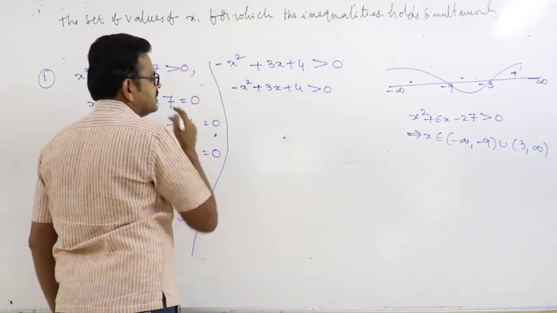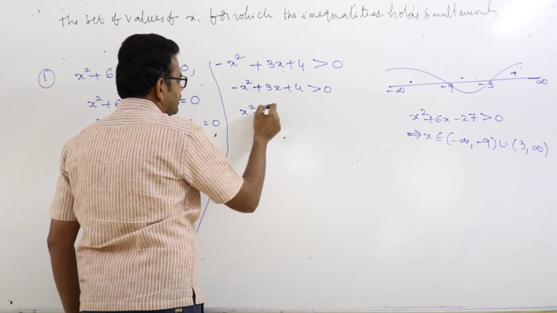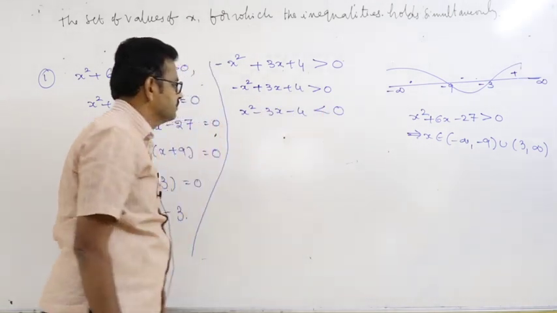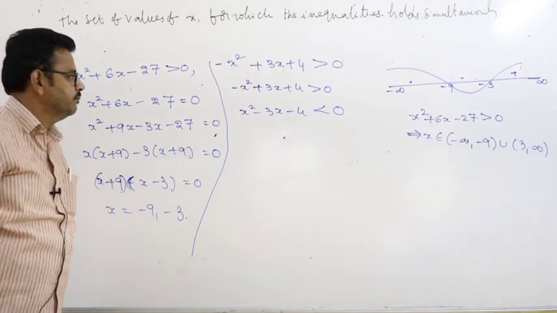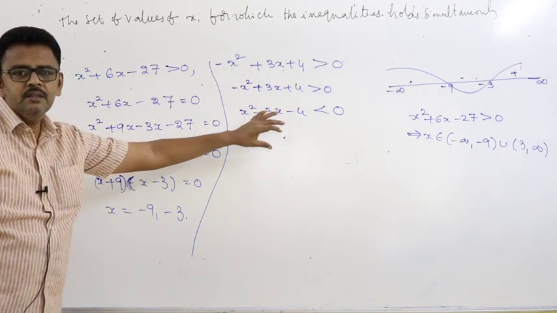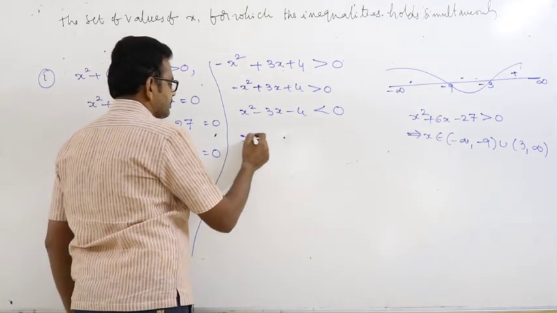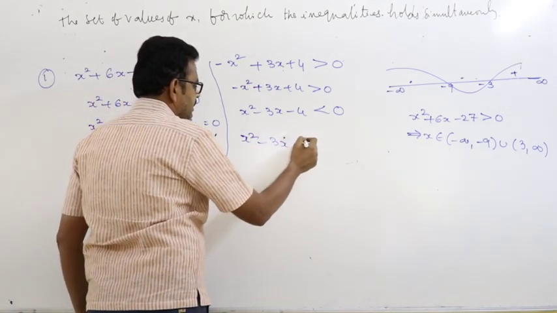If you take minus common, x square minus 3x minus 4 is less than 0. Multiplying with the minus sign, the inequality changes. Now, this is x square minus 3x minus 4.